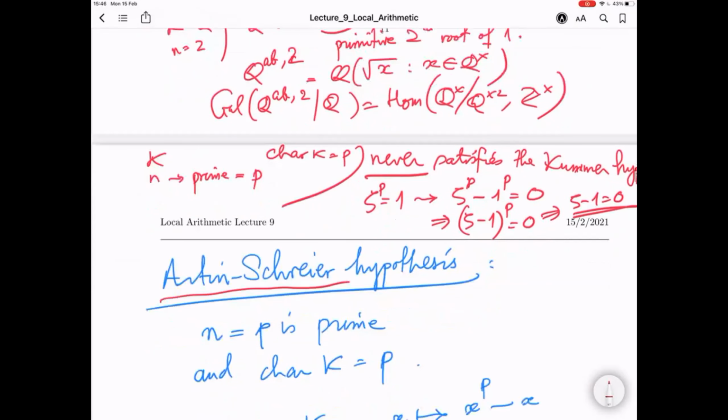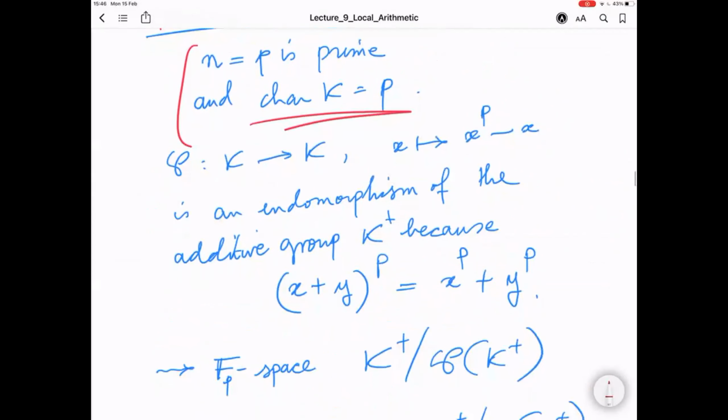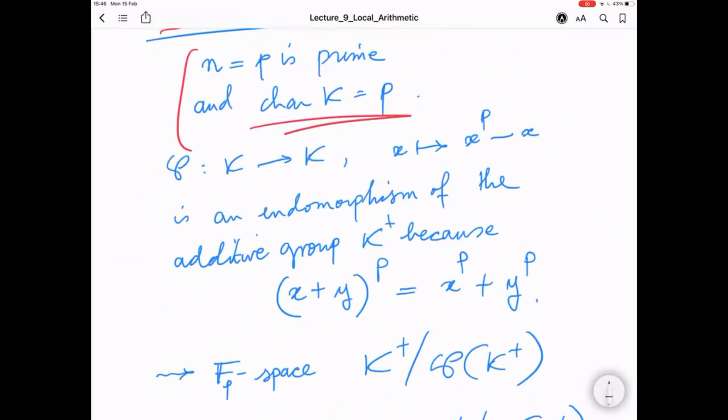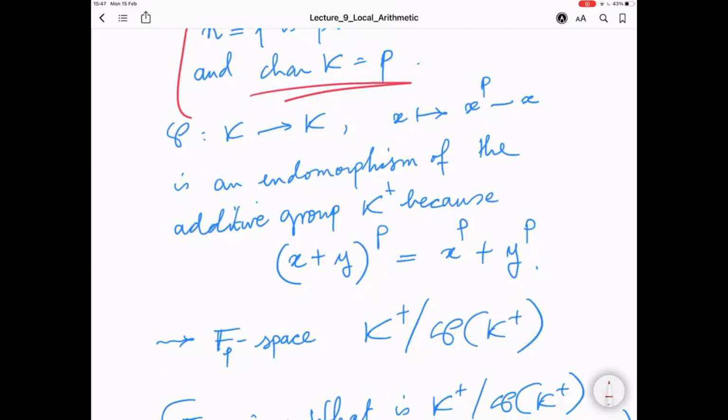So here is the situation. Your field k has characteristic p, and we are interested in the maximal abelian extension of exponent p. So what happens when your characteristic is p is that you have this funny endomorphism, certainly an endomorphism of the additive group.